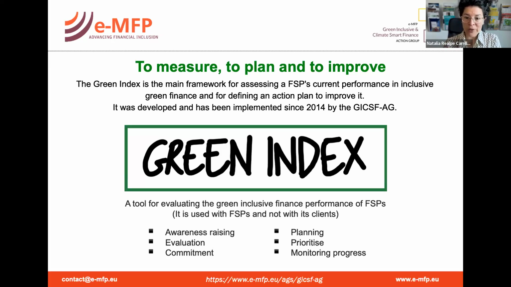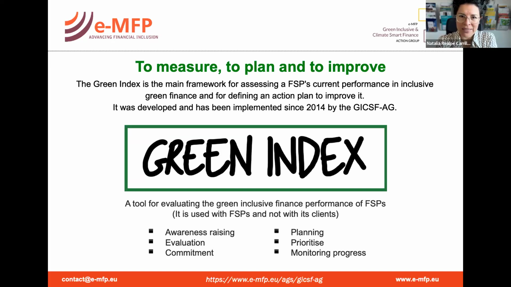Over the years, we are now in the 3rd version, very expanded and very detailed, with work and experience behind it, and this 3rd version has gathered all the feedback collected from FSPs, consultants, and impact investors. As a tool, it serves for raising awareness, for evaluation, for enhancing the commitment of institutions on this topic, and for planning, prioritizing, and monitoring progress of environmental performance.